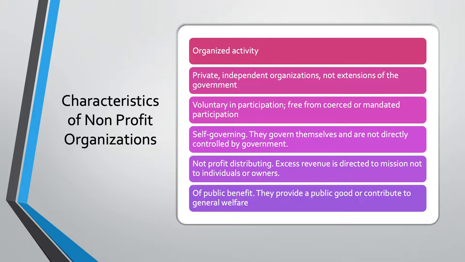And voluntary in participation, free from coerced or mandated participation; self-governing, they govern themselves and are not directly controlled by the government; not profit distributing, excess revenue is directed to mission, not to individuals or owners; and of public benefit. They provide a public good or contribute to the general welfare.